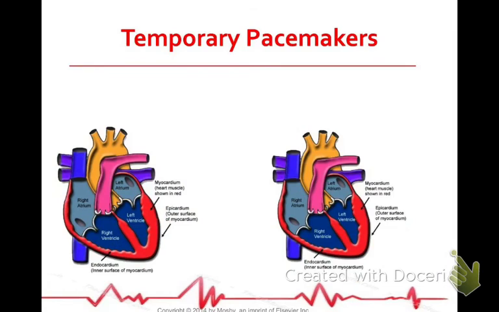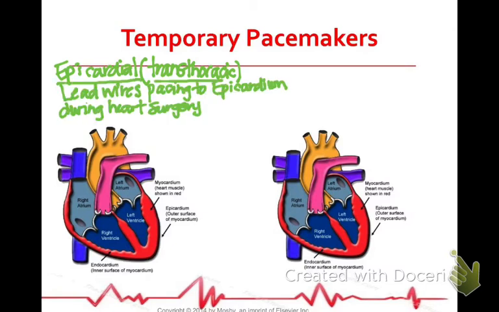So I've got a picture here showing y'all the difference. Temporary pacemakers. So epicardial, or some people call it transthoracic. The lead wires pace to the epicardium during heart surgery.